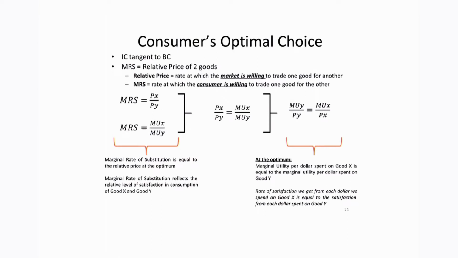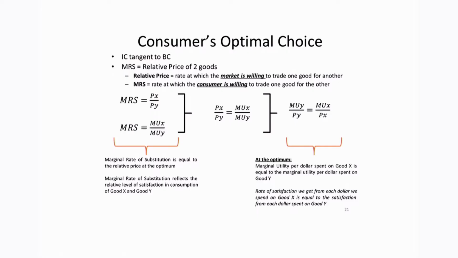Another way that we can think about this is in terms of marginal utility and relative prices. So where the indifference curve is tangent to the budget constraint, this tells us that the slope of the indifference curve is equal to the slope of the budget constraint. Remember, the slope of the indifference curves is the marginal rate of substitution.